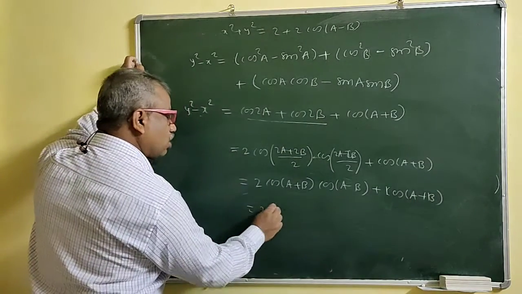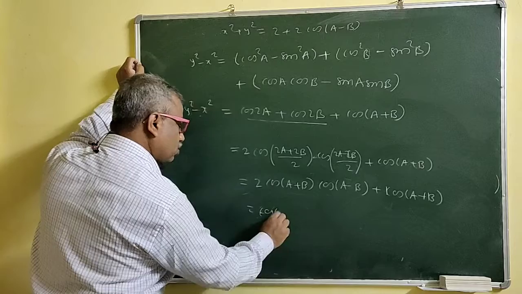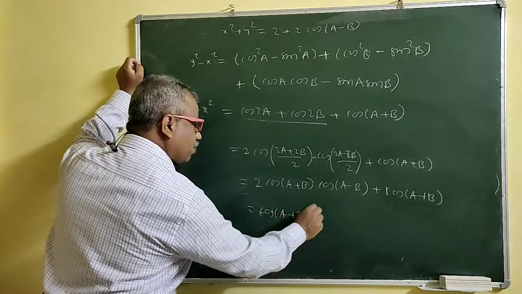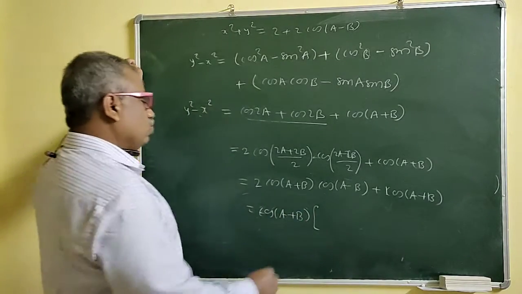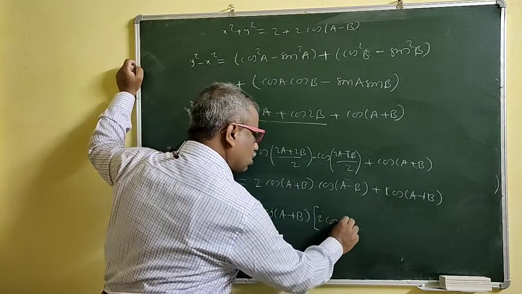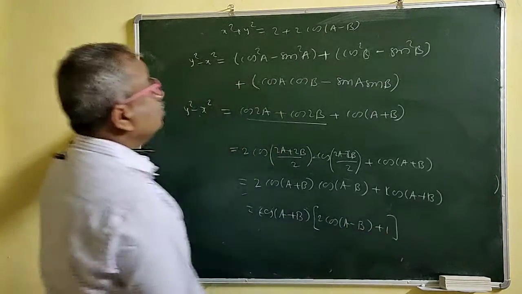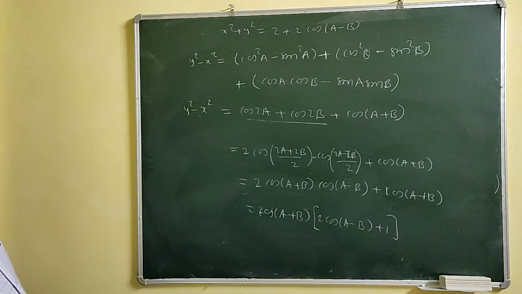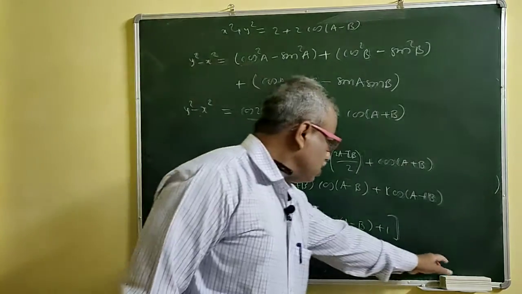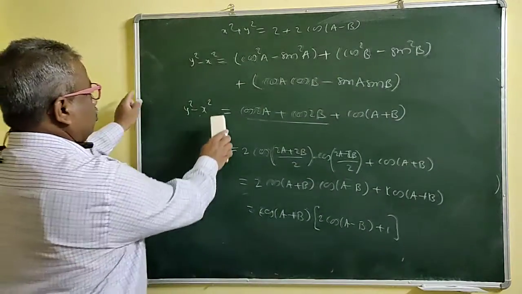So we'll take cos (A plus B) common. What we get? Cos (A plus B) times 2 cos (A minus B) plus 1, right?